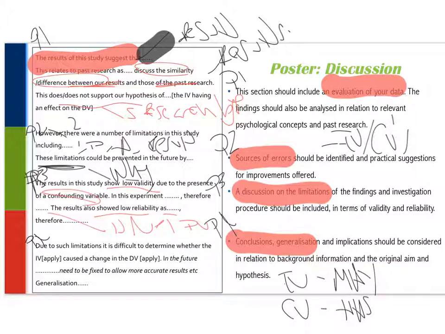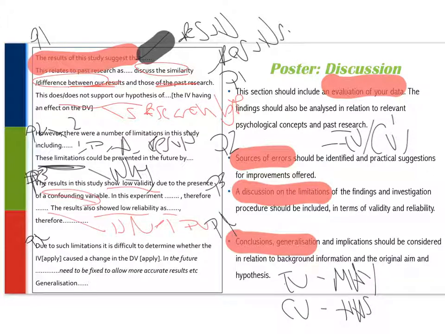So what we're doing is bringing all of it back to the IV and the DV, but what we're talking about is how we might make a conclusion in future if we fixed all the issues. So we need to talk about if a conclusion could be made really validly, and if we can actually generalize to the population. So you have the structure here.